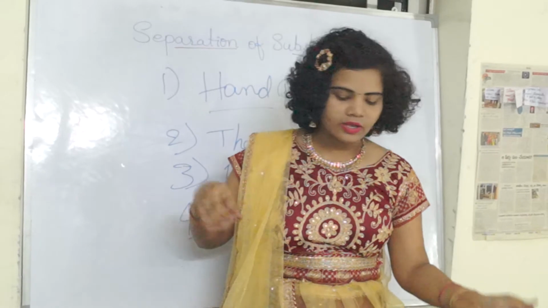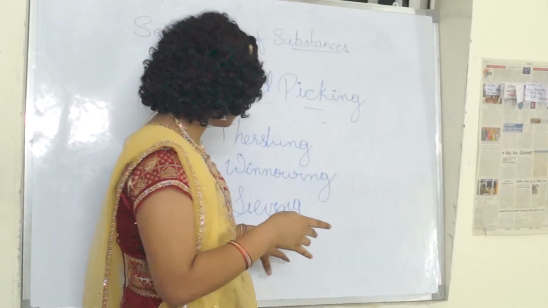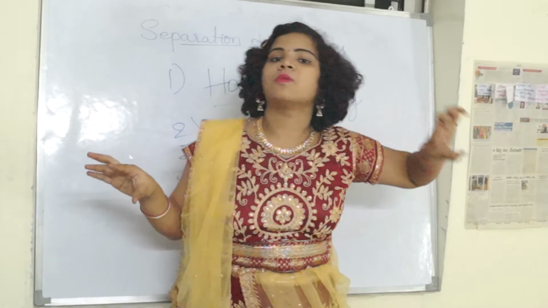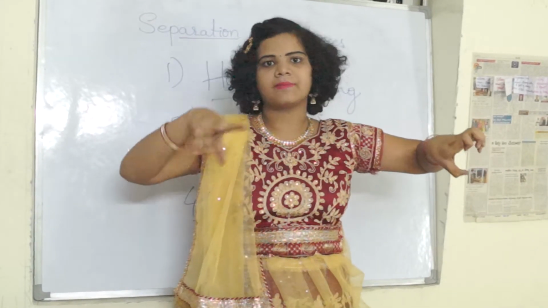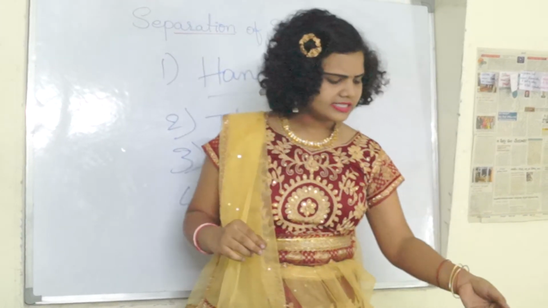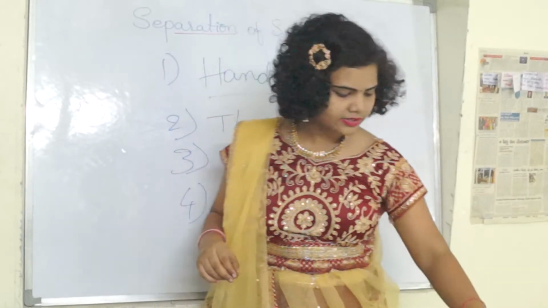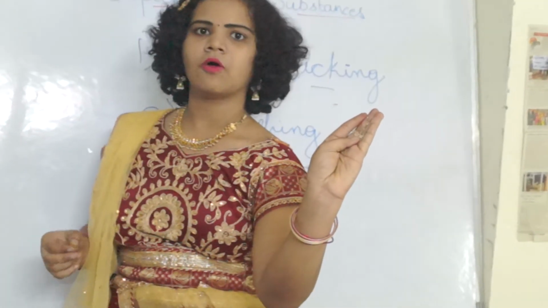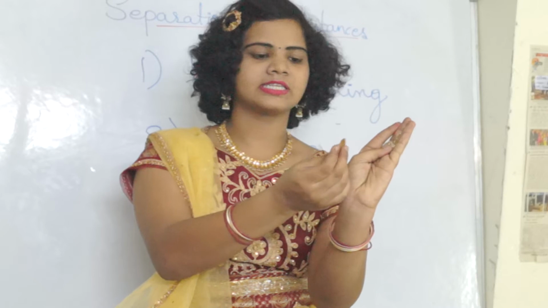Here you can see the white sesame where it fell on the plate. So this sieving method is useful to separate the smaller sized impurities from the larger sized ones. This sesame is really very small, you can't see it well in this video, and this kismis is really big.